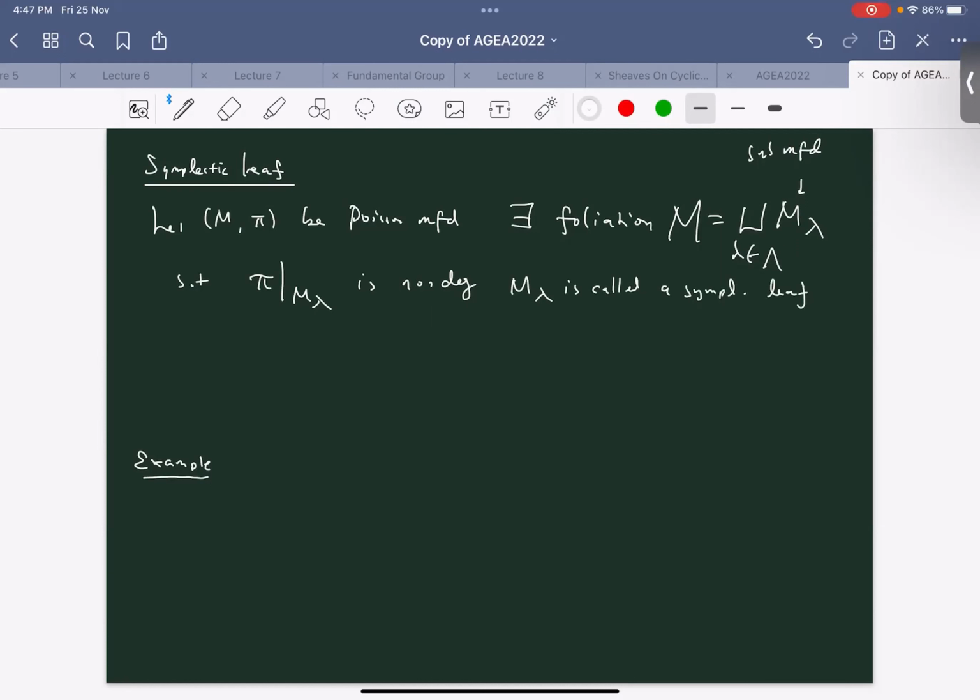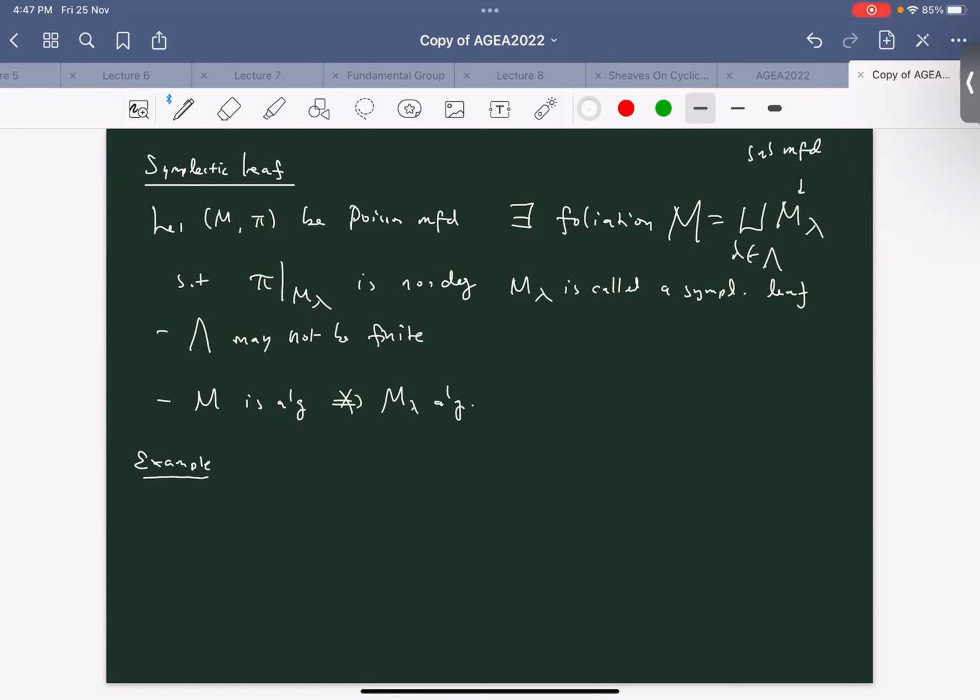As I pointed out, if you have a non-degenerate Poisson bivector, then you can invert it to define a non-degenerate closed two-form, therefore making it symplectic. Let me just remark that in general, this index set lambda may not be finite. Moreover, even though M is algebraic, it does not imply M_lambda is algebraic.